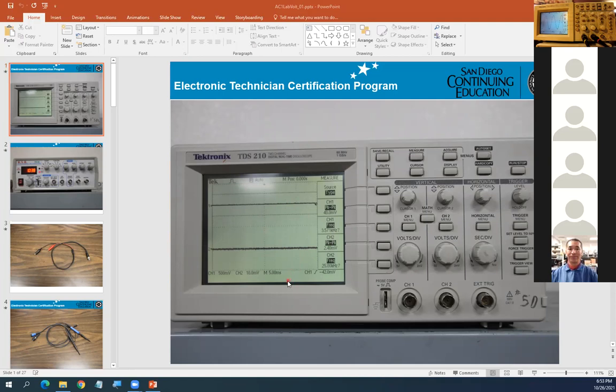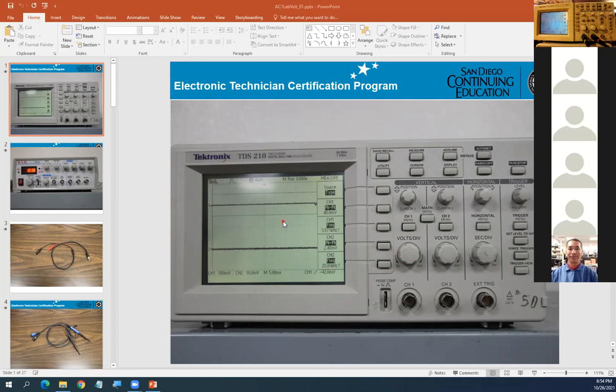So now, if in your scope the volts per division is set to 5 volts, then you get 8 divisions times 5 volts. The maximum will be 40 volts. You cannot measure 100 volts.